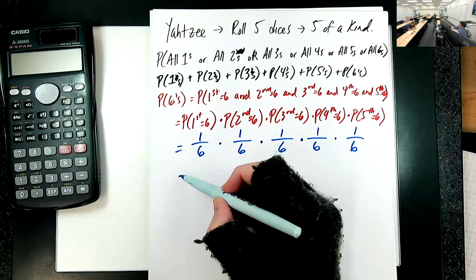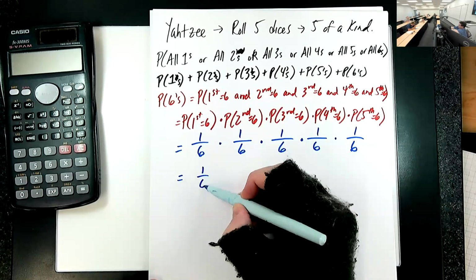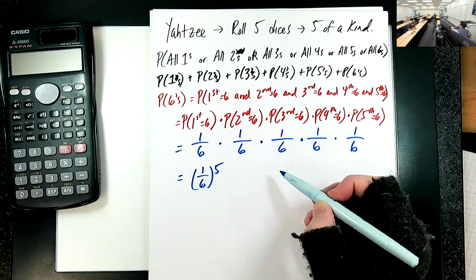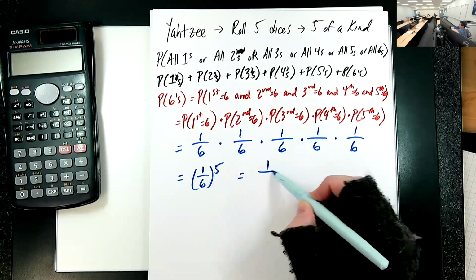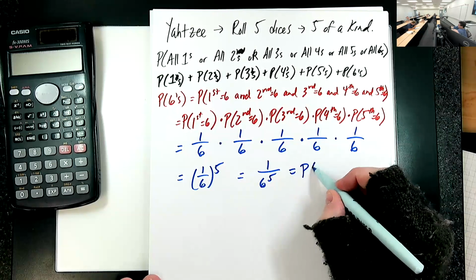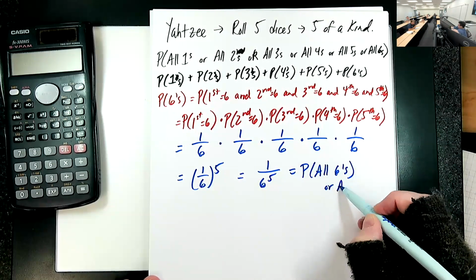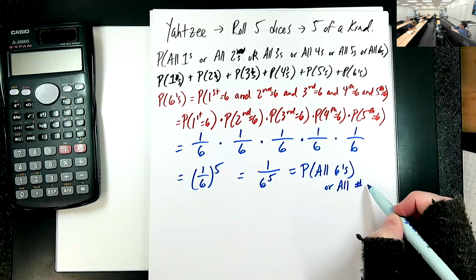And rather than multiplying what that is, well, this is exponent rules, or 1 over 6 to the 5th. And that's the probability of all 6s. Or all, pick a number.